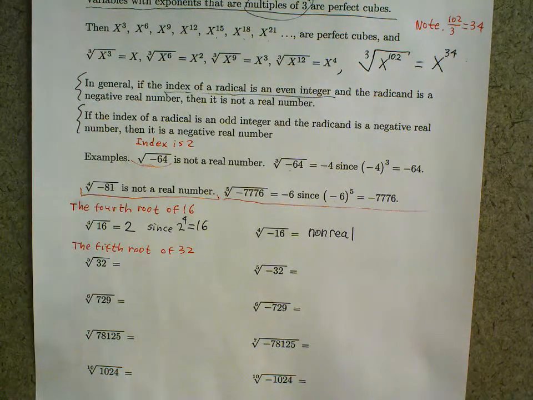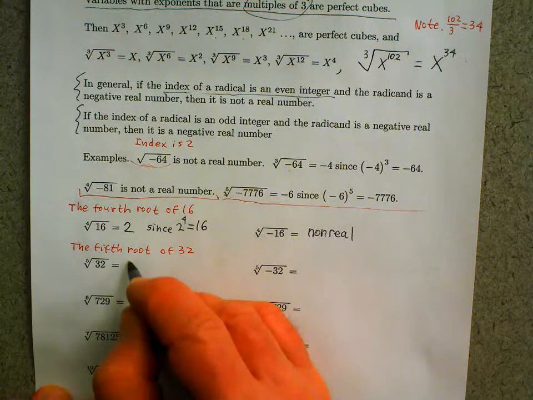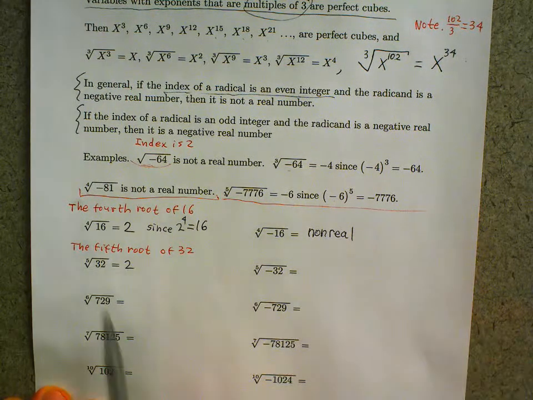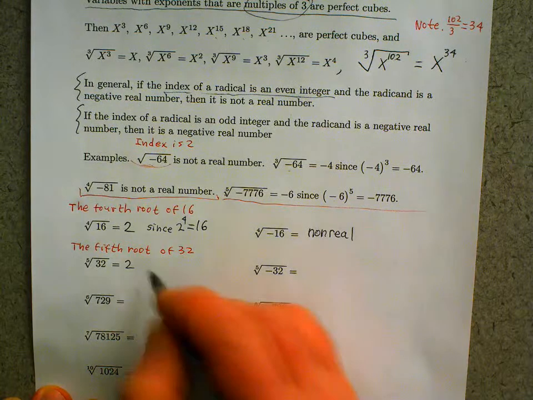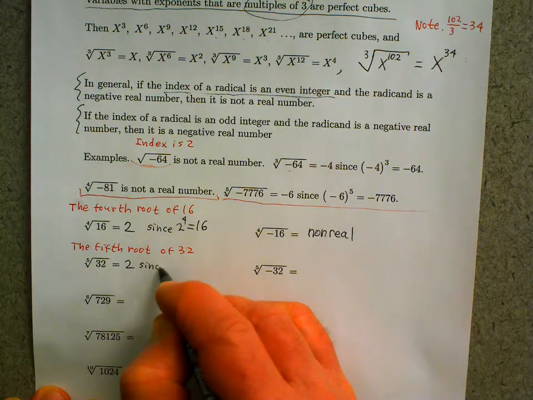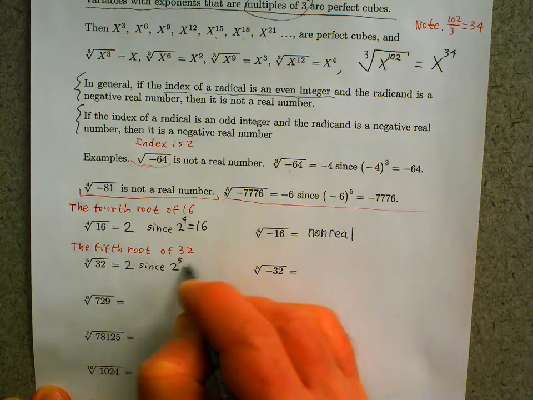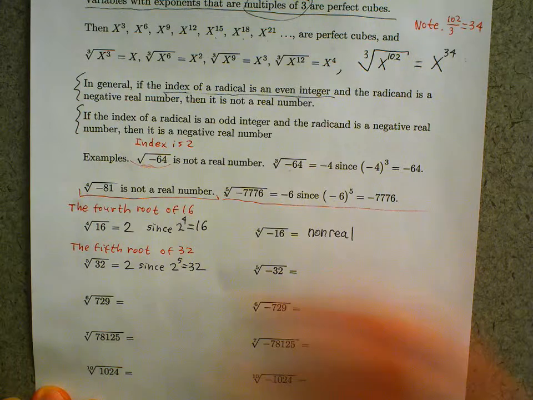So the fifth root of 32 is equal to whatever you would have to raise to the fifth power to get 32. Yes, 2. The fifth root of 32 is equal to 2, since 2 to the fifth is 32.